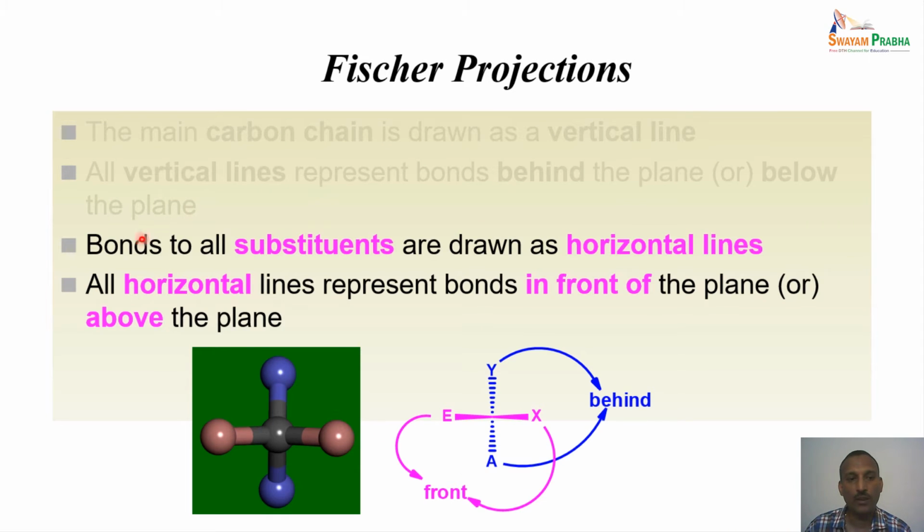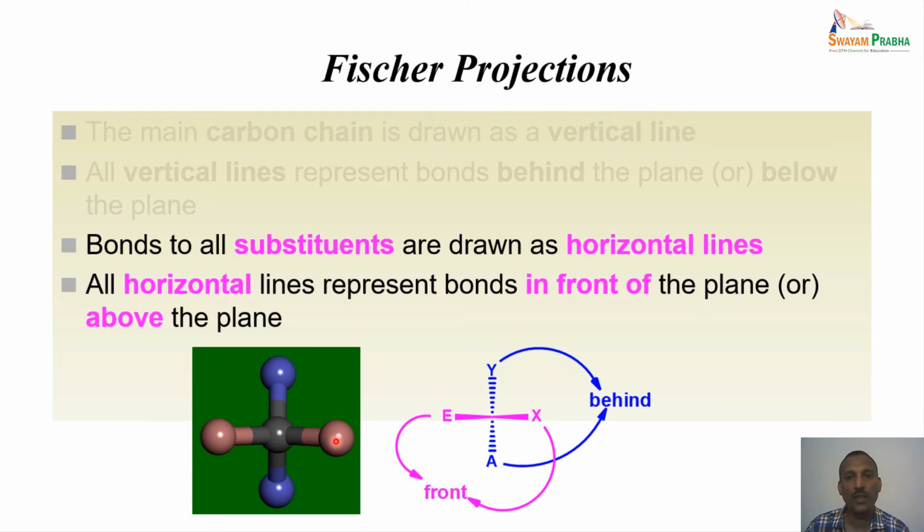So the bonds or substituents that are drawn in horizontal lines represent groups or atoms which are in the front, or above the plane. This is the difference: the top and the bottom are behind, the left and the right are in front.